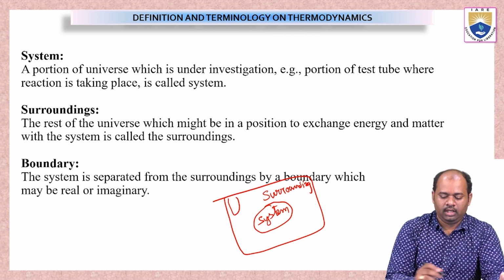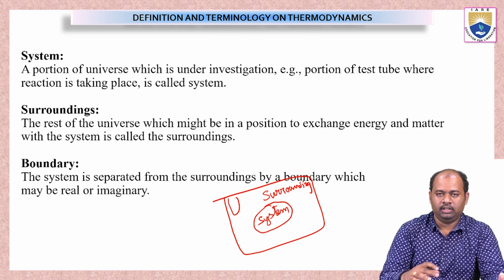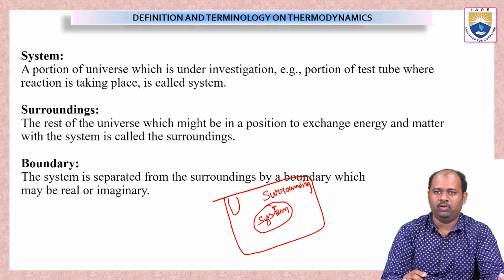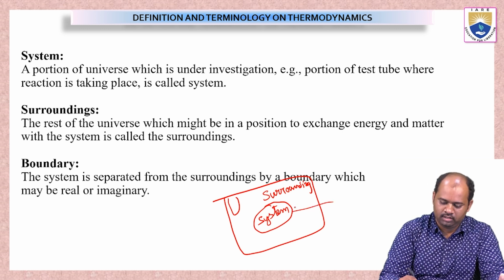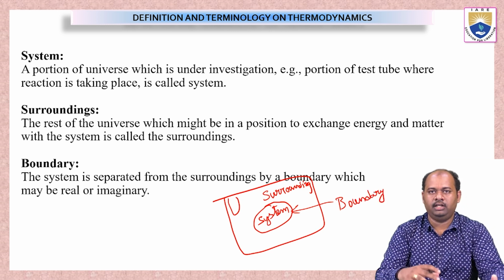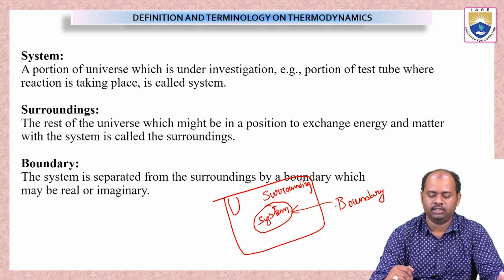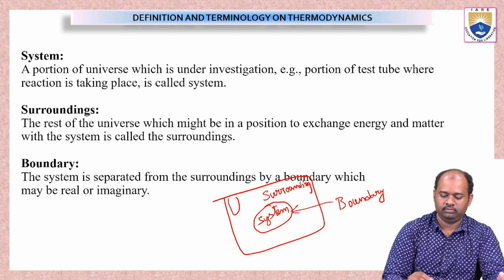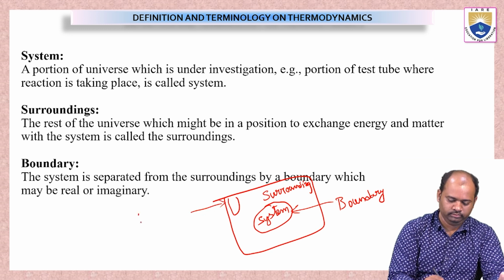The system and surroundings are separated by a layer called boundary. This is called boundary. This entire thing, the system, surroundings, boundary, will all be inside the universe. So this is universe.